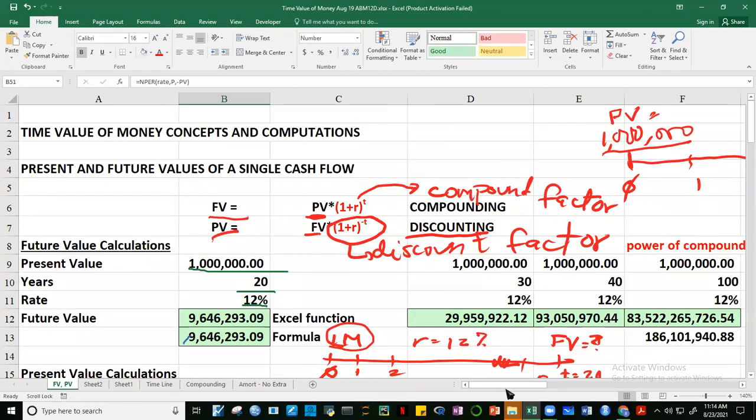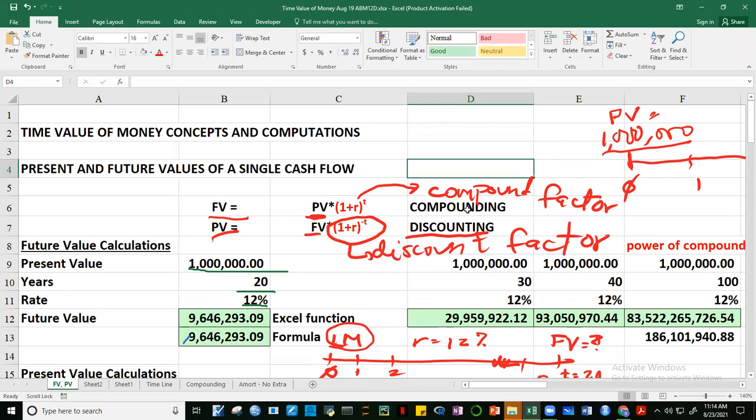We cannot say that 1 peso today is just the same as 1 peso 5 years from now. In fact, mas gusto natin yung 1 peso ngayon kaysa 5 years from now because with 1 peso now, we can put it in an investment, and then its value 5 years down the road will be different. So as regards the time value of money, there are several processes that we're going to learn.